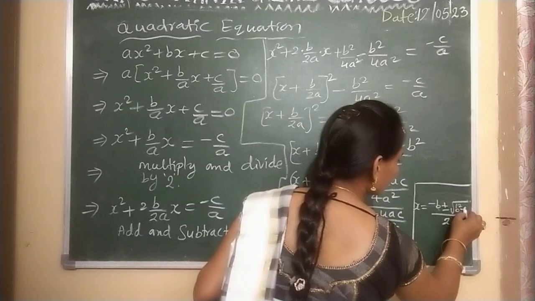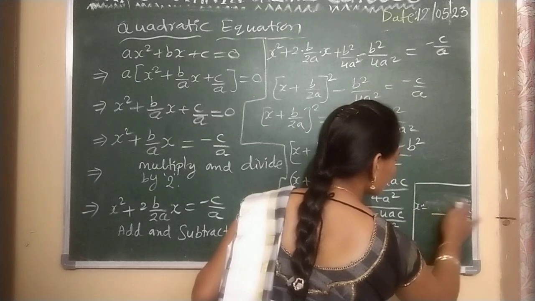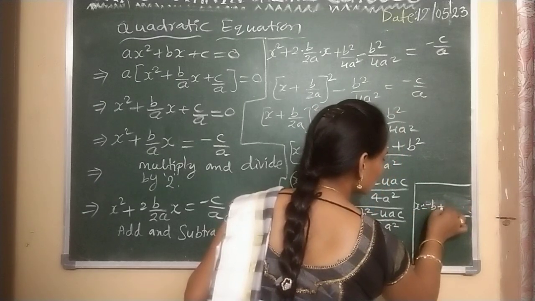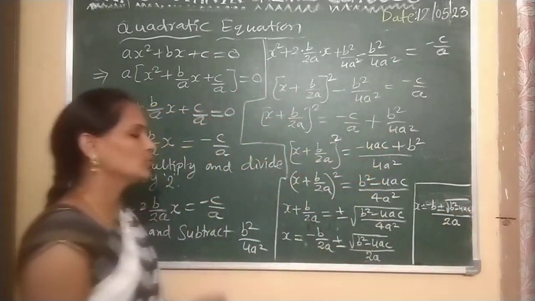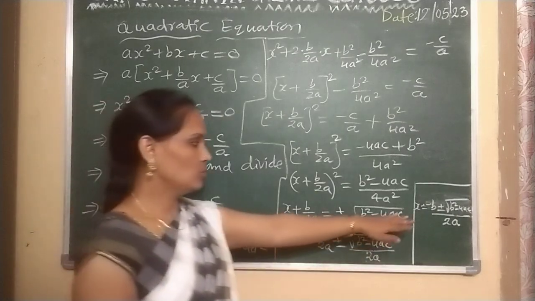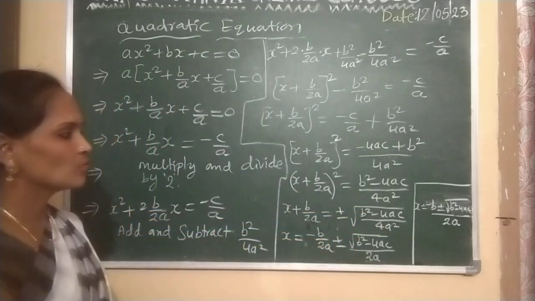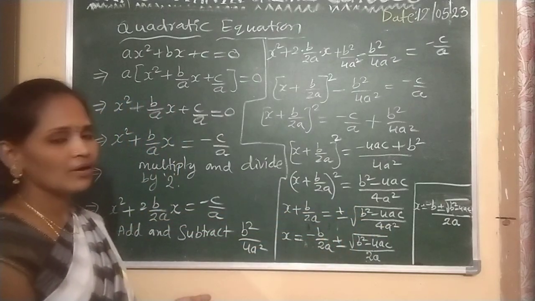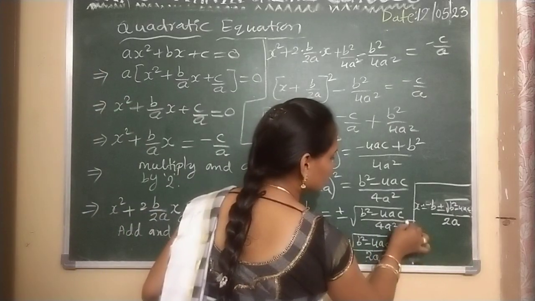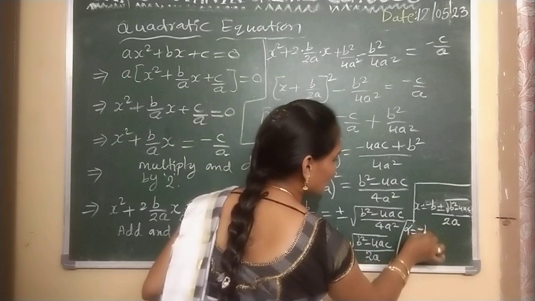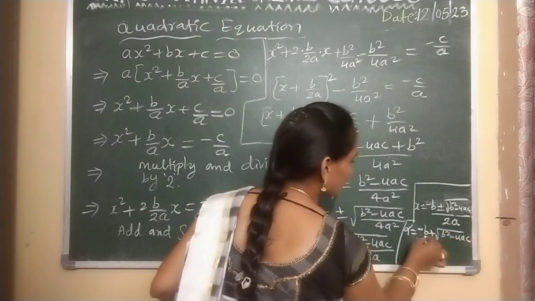Here I am writing small, it is not fitting properly, not sufficient space. b square minus 4ac by 2a. So you have two roots here, alpha and beta. Alpha is equal to minus b plus square root of b square minus 4ac by 2a.